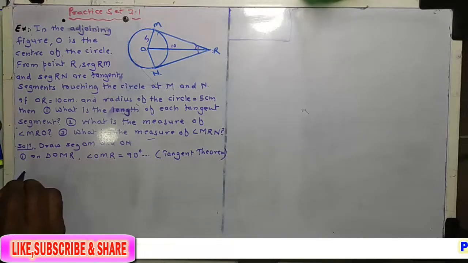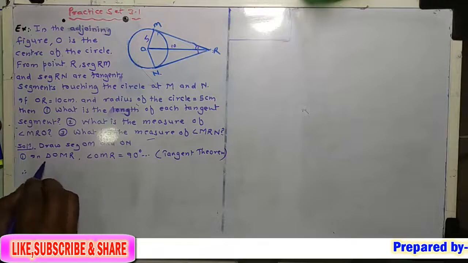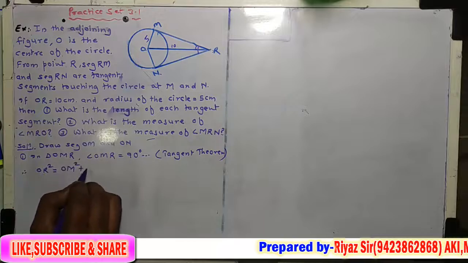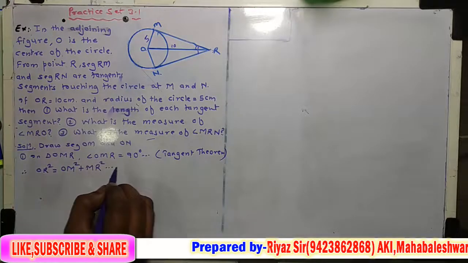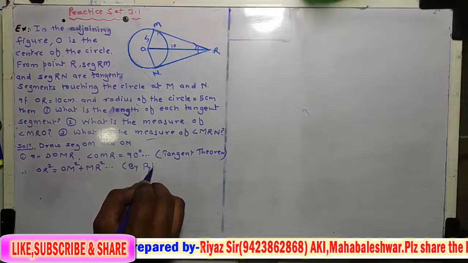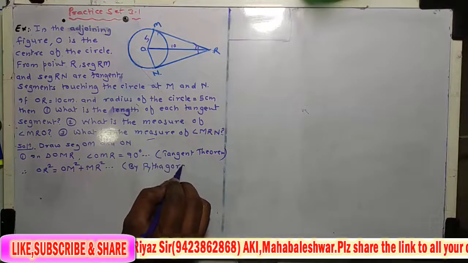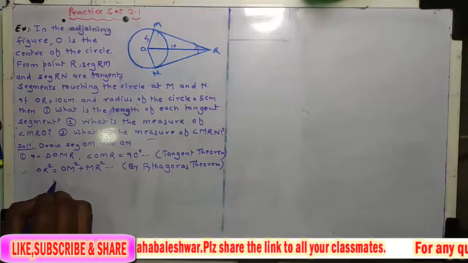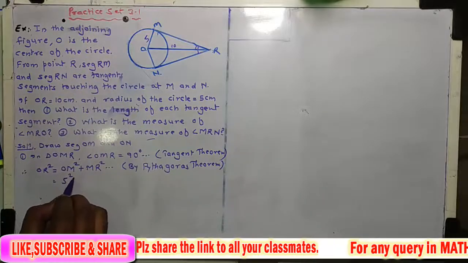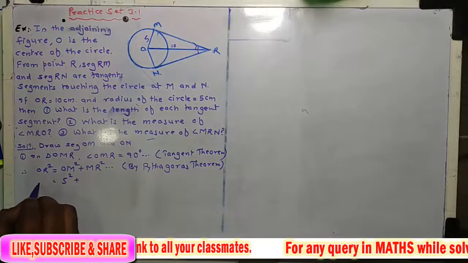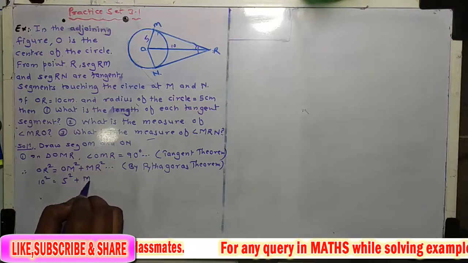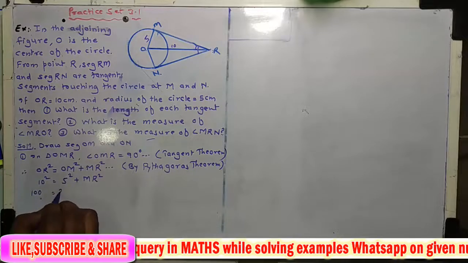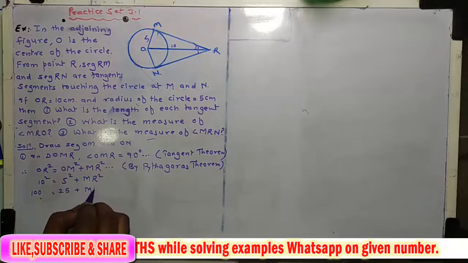Therefore OR square is equal to OM square plus MR square by Pythagoras theorem. Now put the values. OM is 5, given, so 5 square, plus OR is given, that is 10 square, plus MR square which we have to find. Now 10 square is 100, equal to 5 square which is 25, plus MR square.